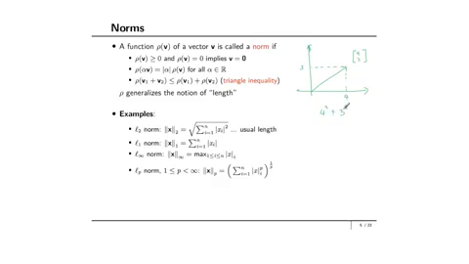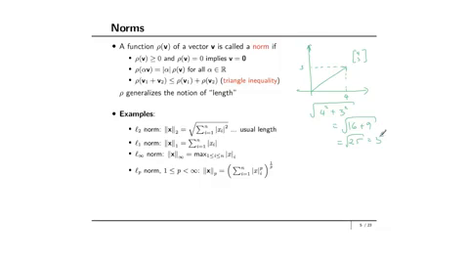So I'm taking the x-axis and squaring it, I'm taking the y-axis and squaring it, square root. So that gives me the square root of 16 plus 9, which gives me the square root of 25, equal to 5. So that's nice. I have a definition of length.